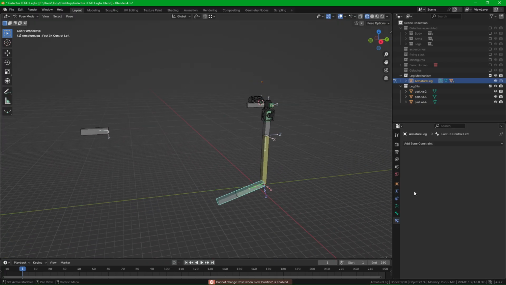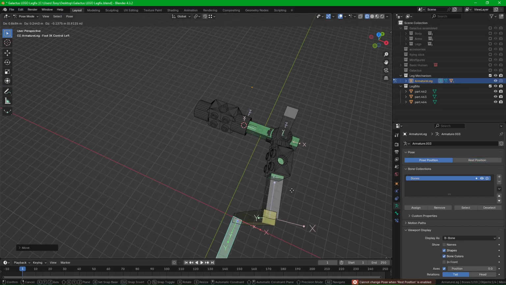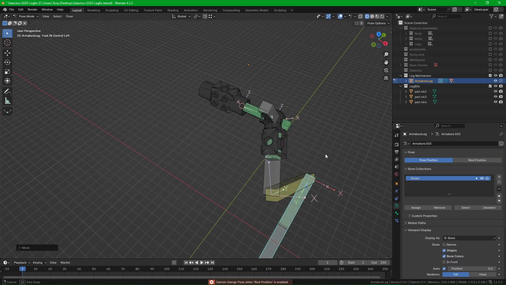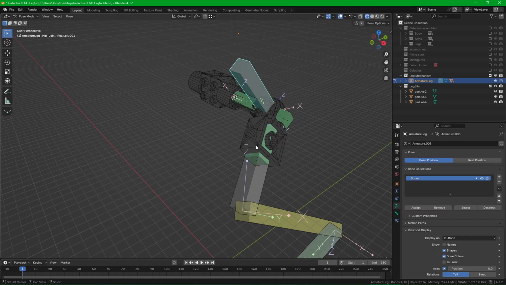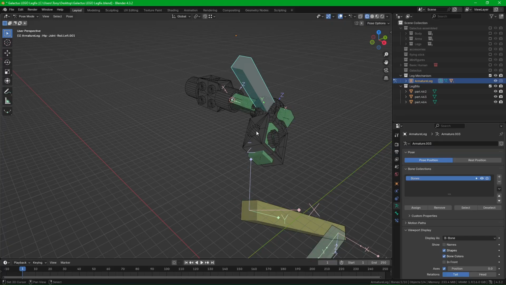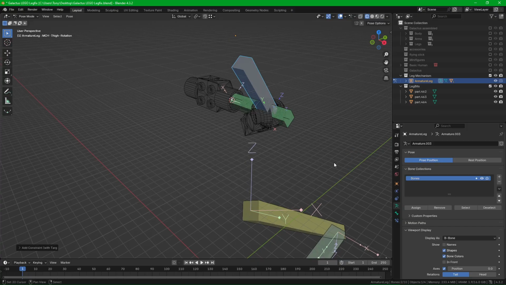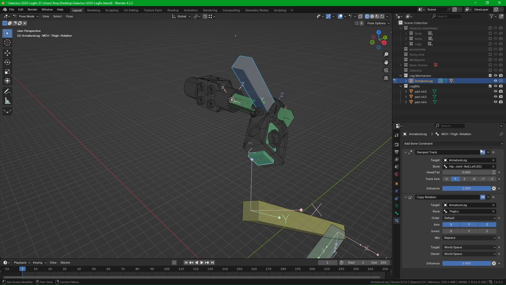Let's just see if that actually works, because I haven't even tried that. No, because it becomes weirdly misaligned. So then you could grab this one, hide this one and this one, and then do the old damped track trick. Put that above that.